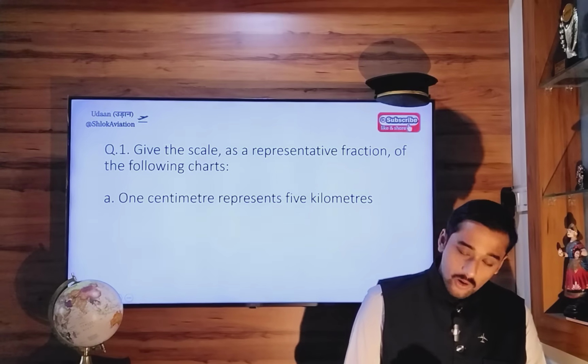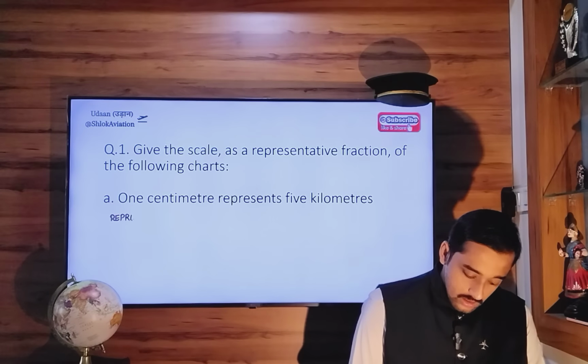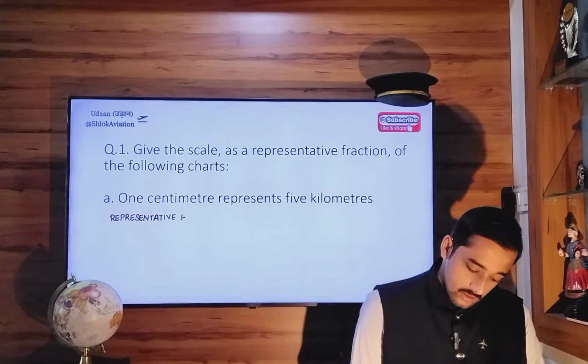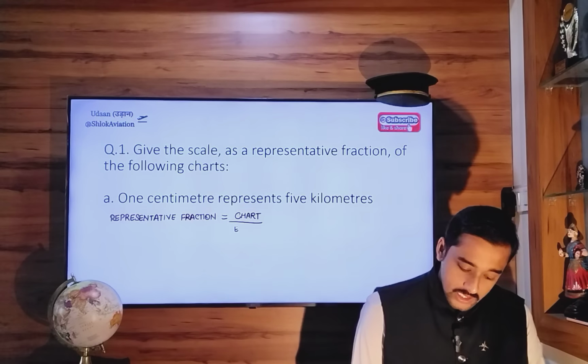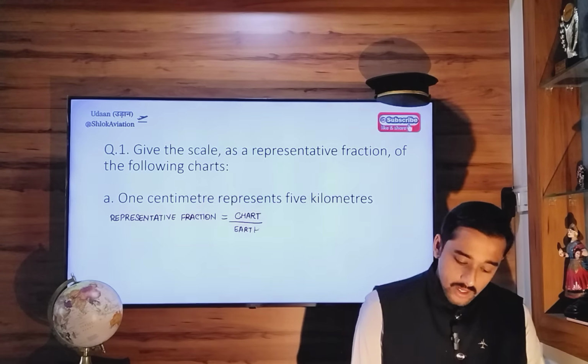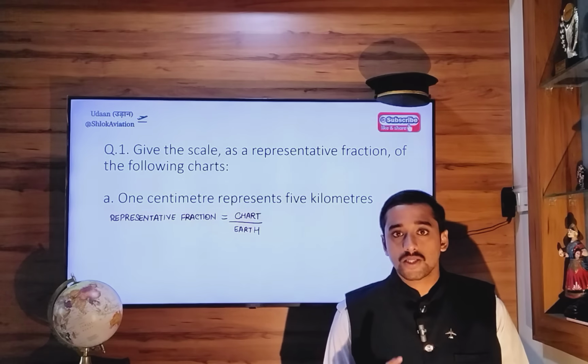Going with the formula, representative fraction equals chart distance divided by earth distance.